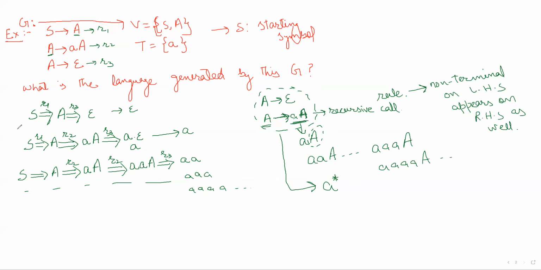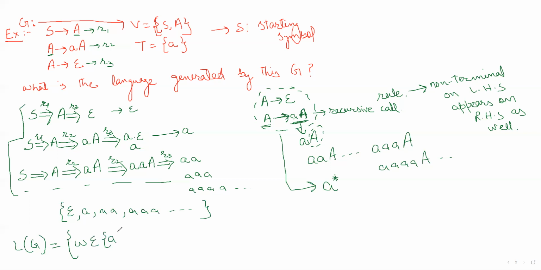So you can see that this particular grammar is generating either epsilon or a, aa, and so on. We can say the language generated by this grammar is L(G) = {w | w belongs to a star}.